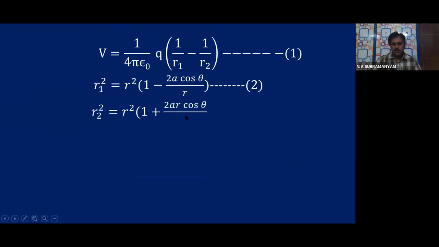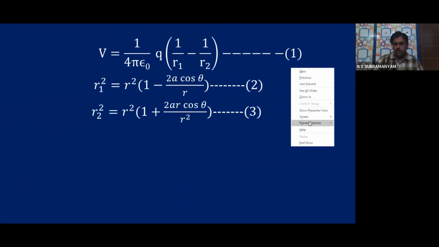Is this clear? r2 square is r square into 1 plus 2a cos theta by r. I hope it is clear. Similarly, you must work it out. Very simple. What did we write for the r2 square value? r square plus a square plus 2ar cos theta.